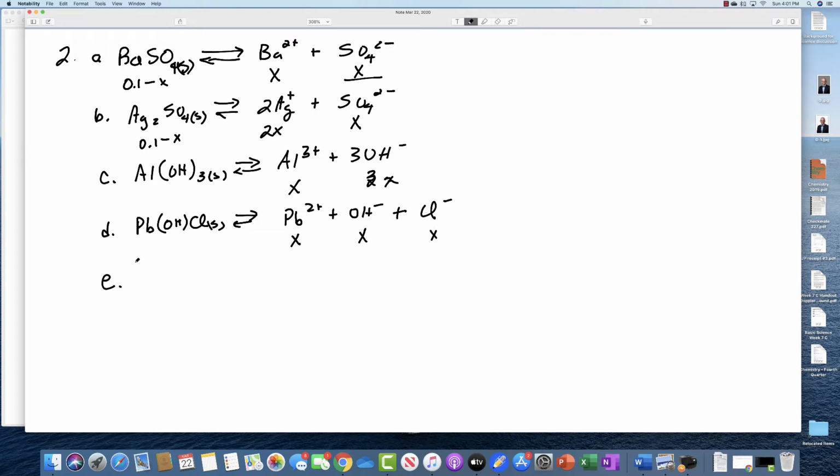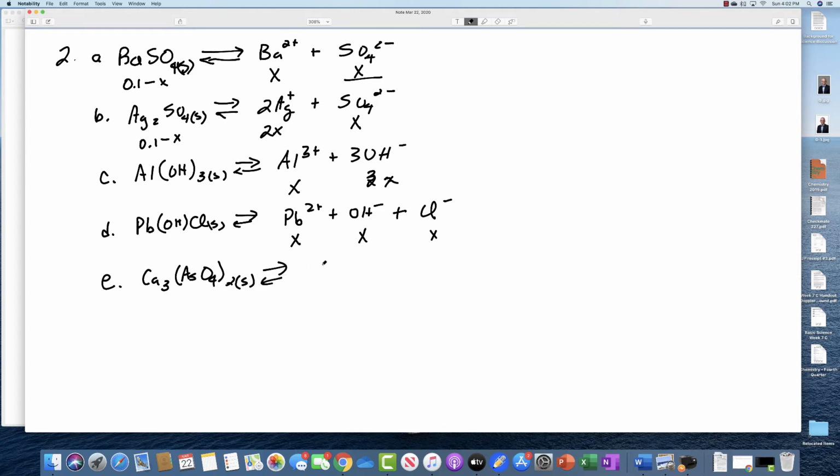The last one, E, is calcium arsenate. I don't know exactly how to say this. Arsenate is what it is. Solid.